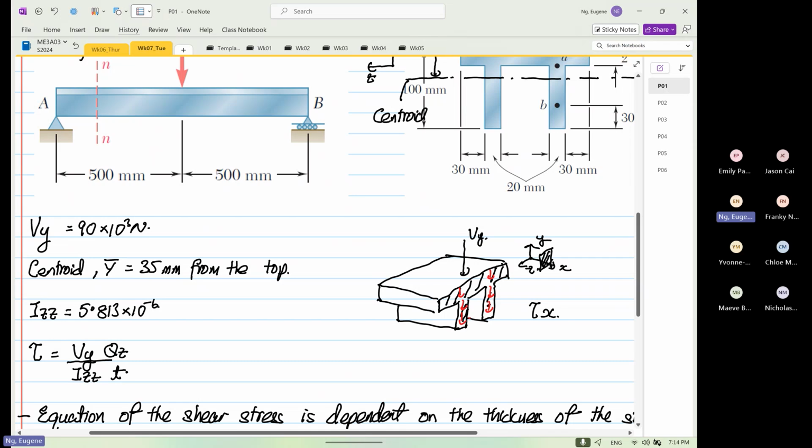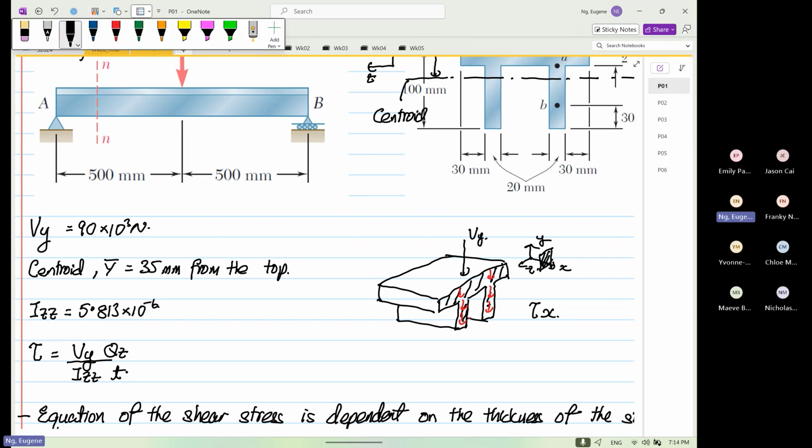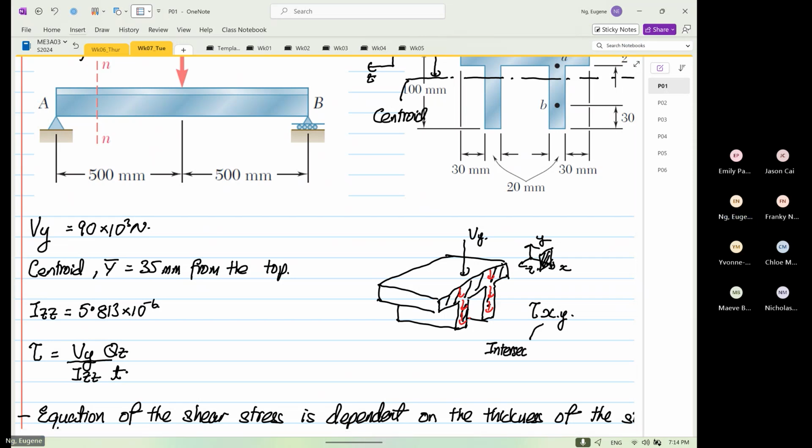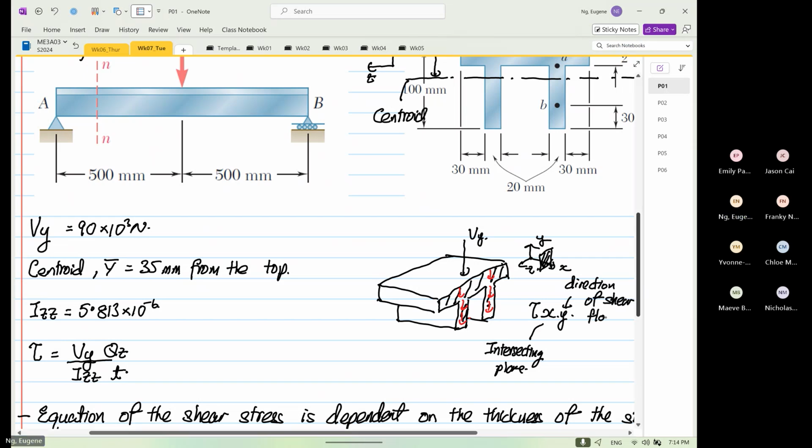So this is our Y. This is our intersecting plane, and this is the direction of shear flow or shear stress.